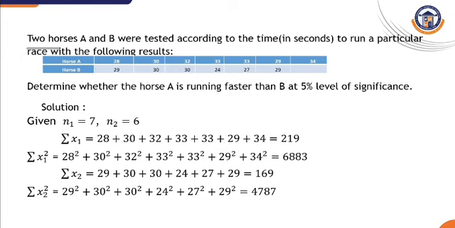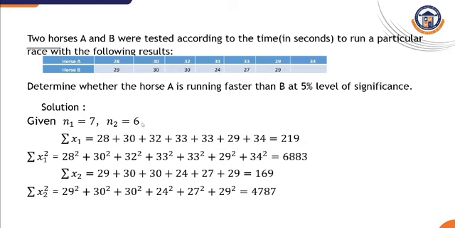Determine whether horse A is running faster than B at the 5% level of significance. Now we see the solution. The sample size of horse A is 7, and for horse B the sample size is 6.